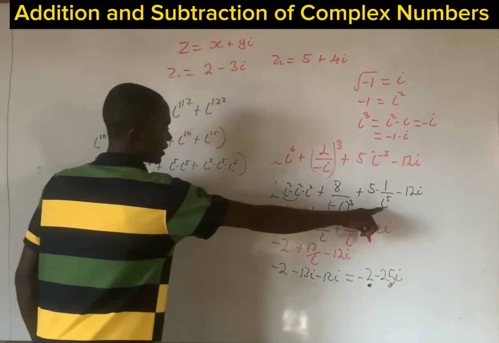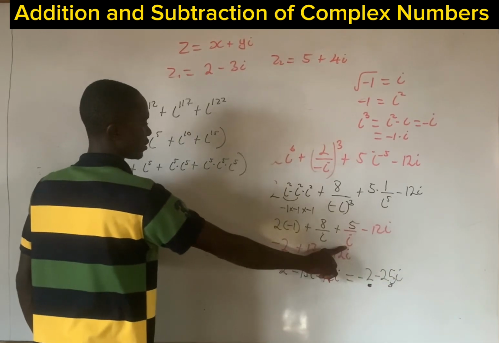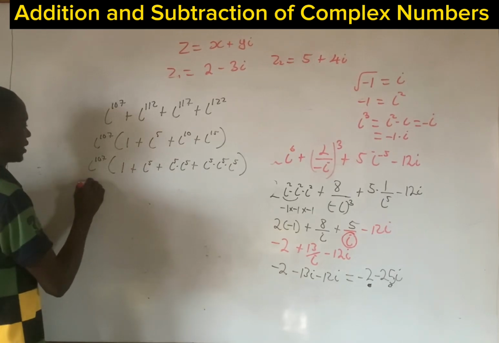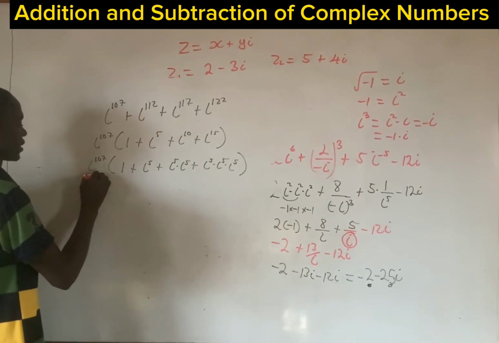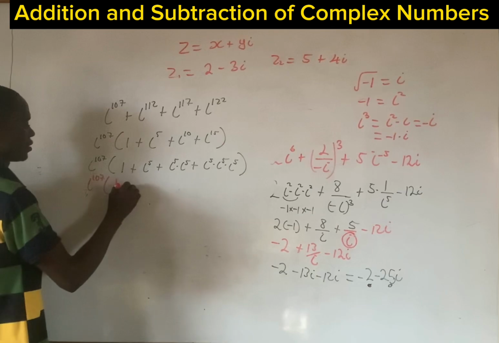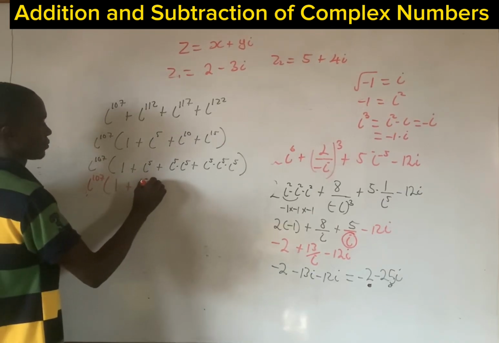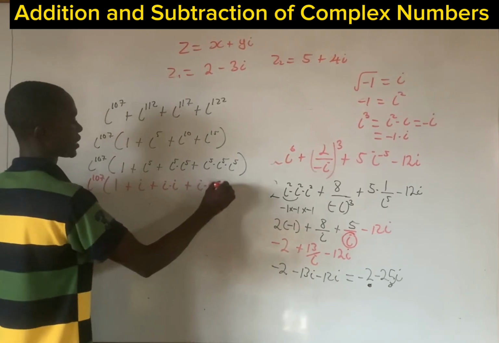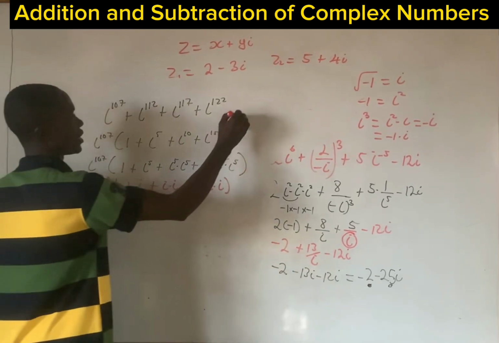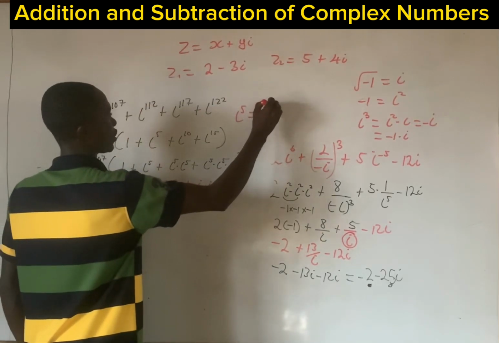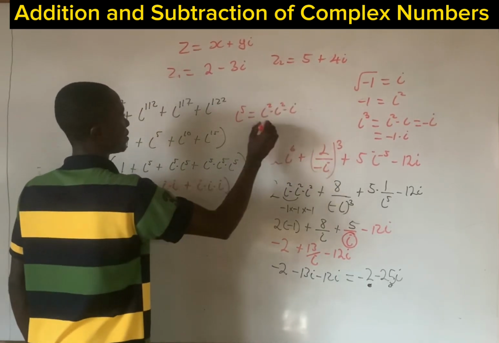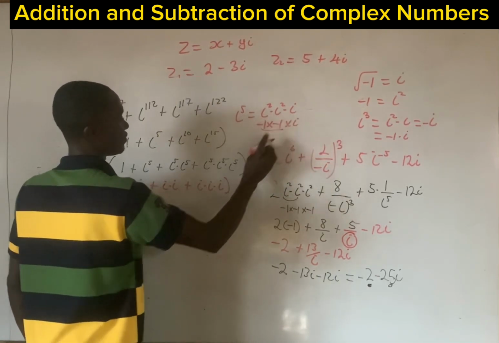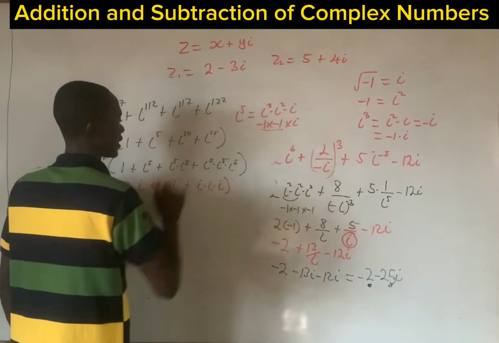It is i. So here you have i power 107 into 1 plus i, times i, plus i times i times i. In case you forgot, i power 5 is the same as i power 2 times i power 2 times i. This is negative 1 times negative 1 times i. Negative, negative, positive 1 times i gives i.